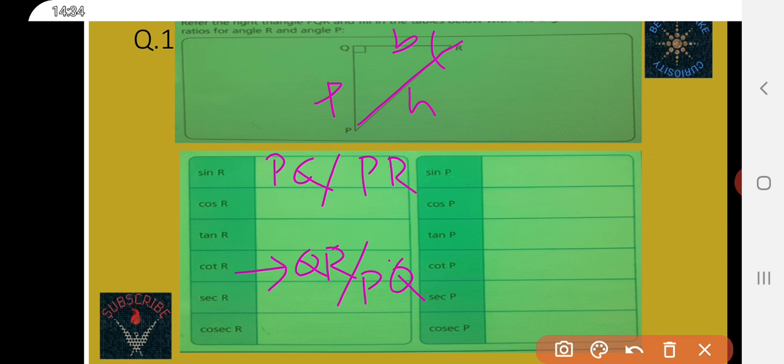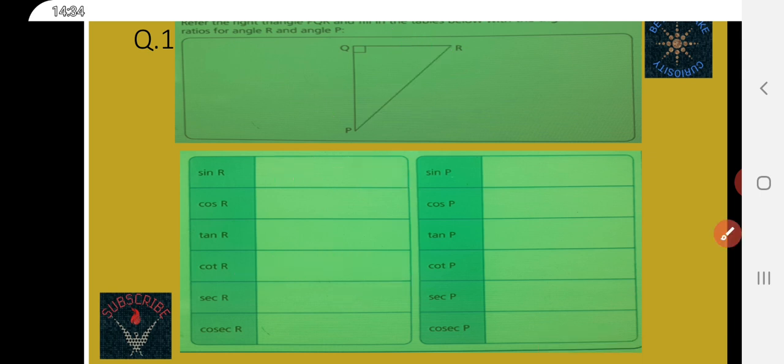Similarly, for angle P, what are the base and perpendicular? See, for angle P, perpendicular is this side, and hypotenuse is your PR. So sin P equal to what?